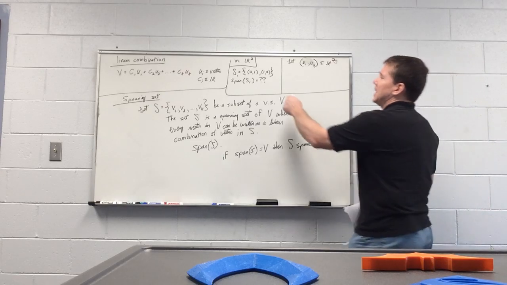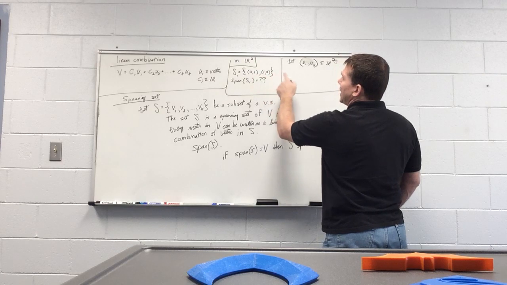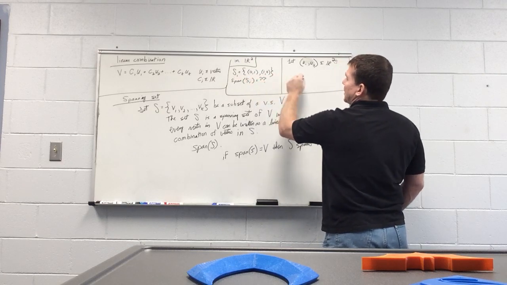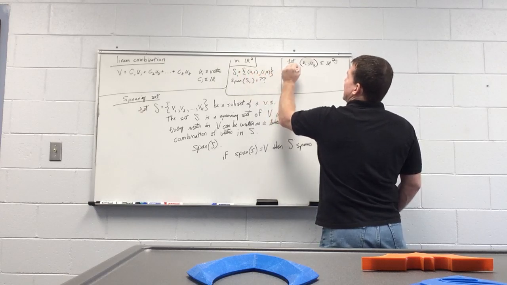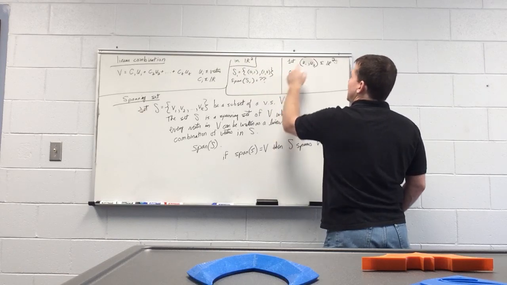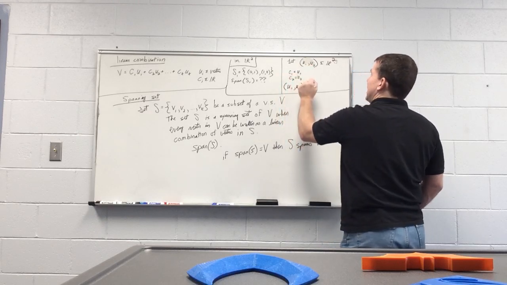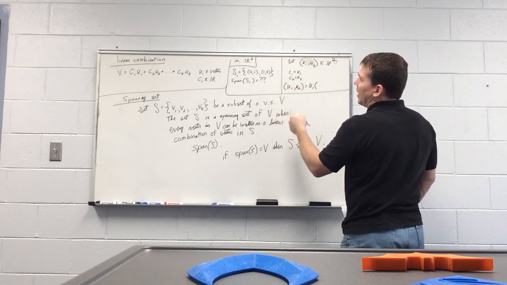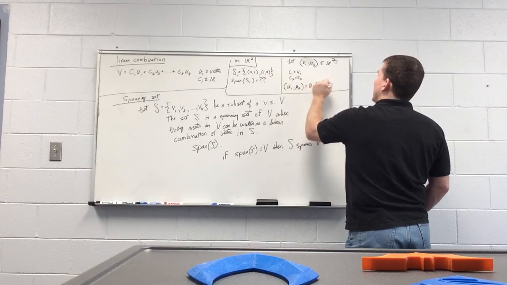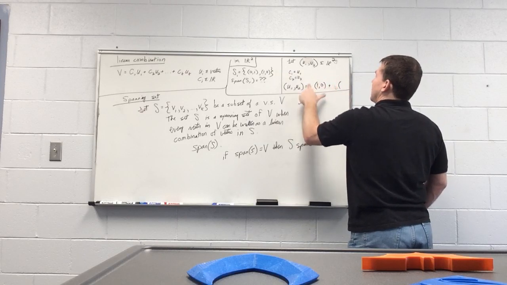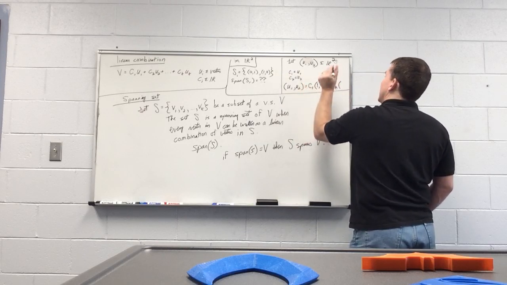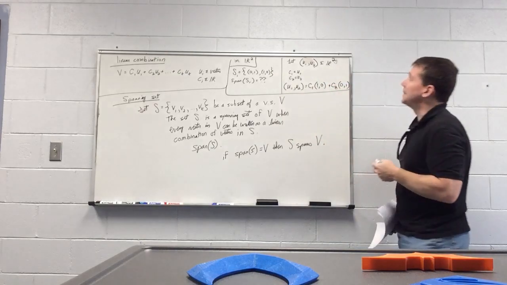If these are my sets S sub 1, let C sub 1 equal U sub 1, C sub 2 equal U sub 2. Then U sub 1, U sub 2 is just equal to U sub 1 times 1, 0 plus U sub 2 times 0, 1.